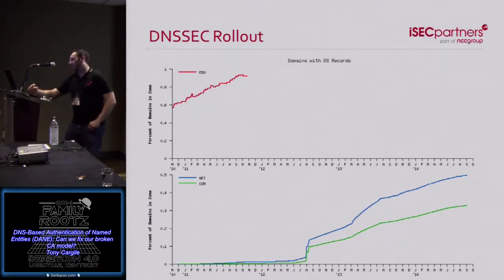And if you're ever interested, you can check out this website, DNSSEC-name-and-shame.com. I'll probably post this on the slides. Go there, and you can see the Alexa top 100 of all the sites that support DNSSEC.